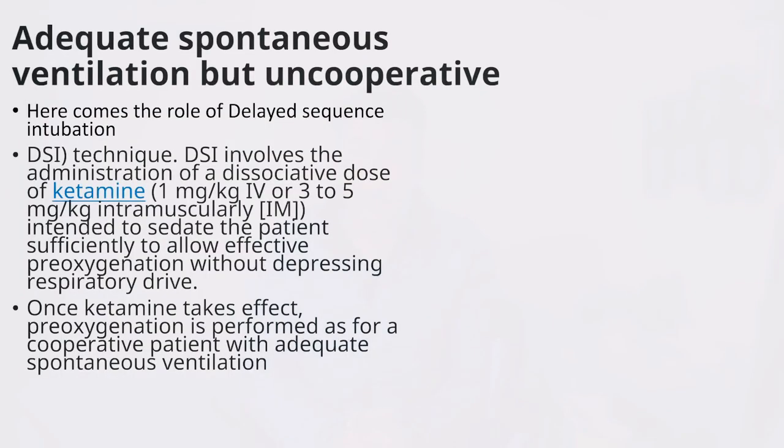It involves administration of a dissociative dose of ketamine, 1 mg per kg IV or 3 to 5 mg per kg intramuscular, intended to sedate the patient sufficiently to allow effective pre-oxygenation without depressing respiratory drive. Ketamine has this property that it doesn't lead to respiratory depression. Once ketamine takes effect, pre-oxygenation is performed. That is the concept of delayed sequence intubation.